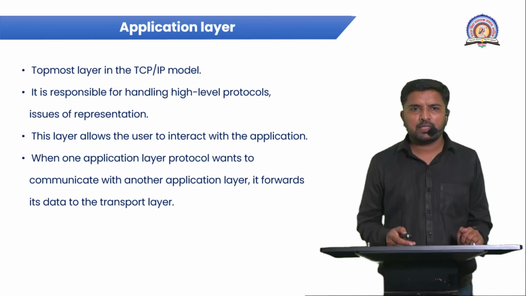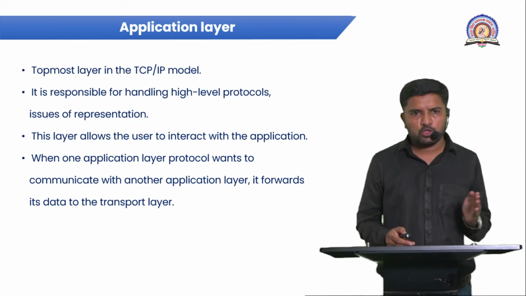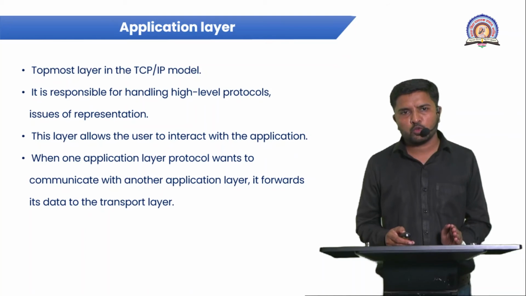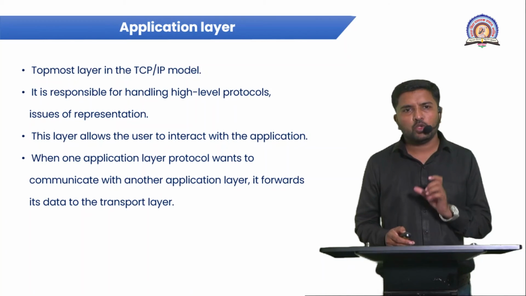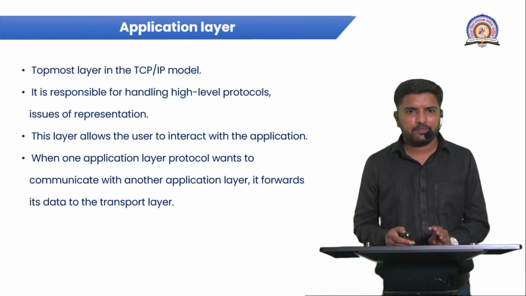The next layer of the TCP model is the application layer. It is the topmost layer available in the hierarchy. The transport layer is responsible for host to host delivery, whereas the application layer is responsible for process to process delivery, meaning application to application delivery of the data from sender side to the receiver side.